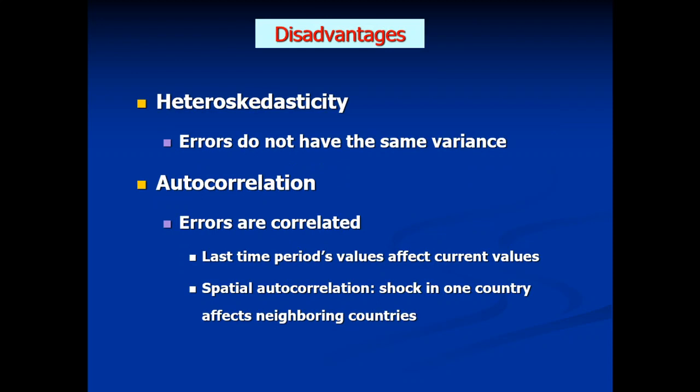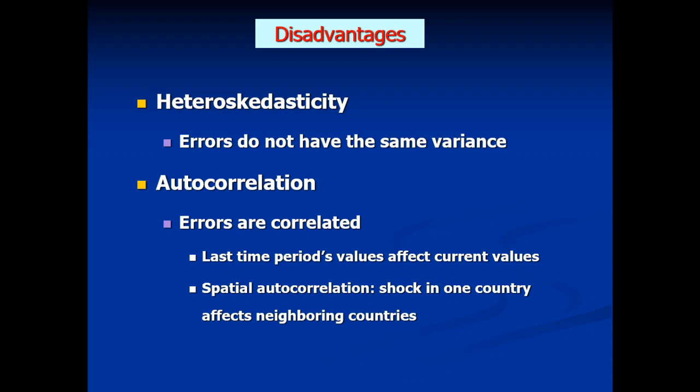Now the disadvantages: because you have a large data set across cases, there is a chance for heteroscedasticity, and definitely the chance of autocorrelation is also there because you are having time series data, where the last time period's value affects current values. That is, you have time series autocorrelation across time, and you have spatial autocorrelation because you are having different cross section data.